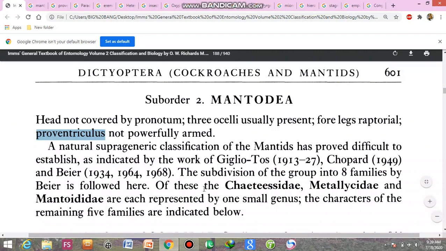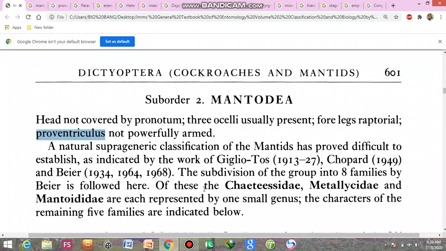Definitely, classification is not 100% authentic in any case. Everybody classifies animals, plants or living organisms according to their findings. So you never say that any classification is 100% authentic or accepted throughout the world. In this book, 8 families are discussed, and the work was done by Beier.